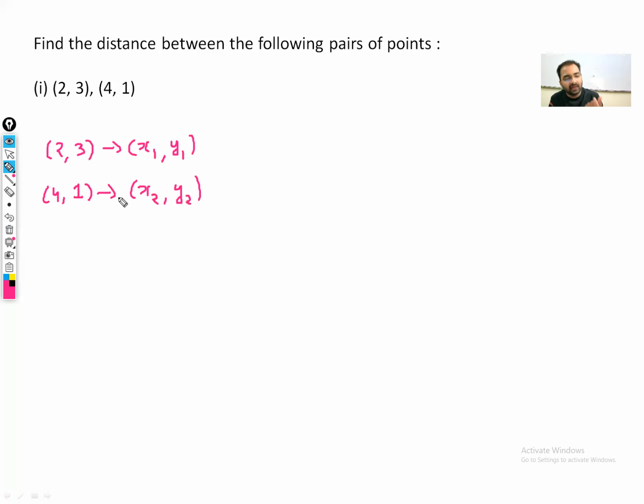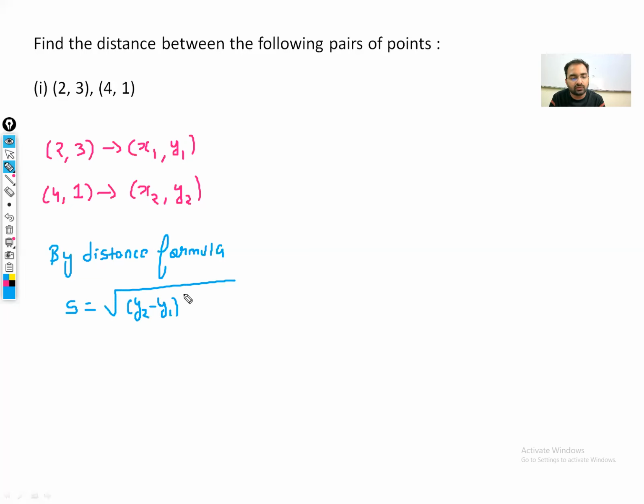Now if we have to calculate the distance between these two points, we can apply the distance formula. By the distance formula, we know that the distance between any two points is, we will represent the distance by the letter s. So s must be equal to the square root of y2 minus y1 whole square plus x2 minus x1 whole square.